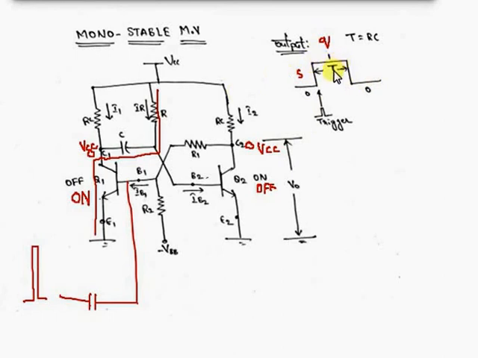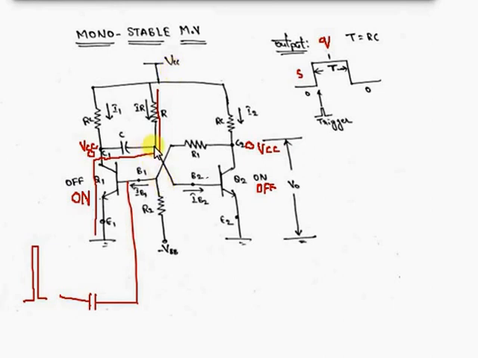After some time T, that is the time constant RC, the current flows through R towards the capacitor and to ground. One terminal of the capacitor is at 0 and the other terminal is also at 0. Due to the flow of current, the capacitor tries to charge from 0 voltage towards VCC.